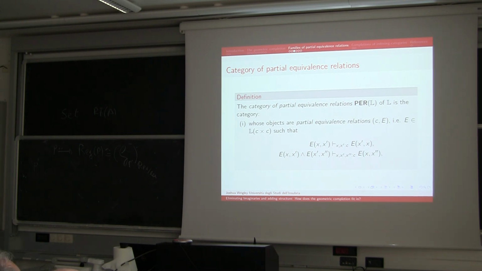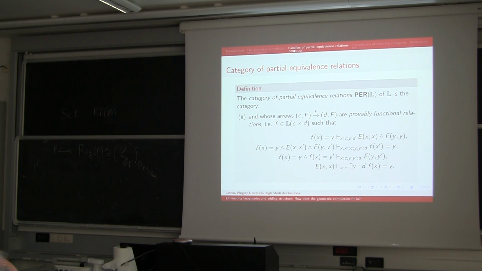So we take our objects to be definable partial equivalence relations in the internal language, and we define our maps between two partial equivalence relations to be those relations which describe provably functional relations between them. So this is all happening in the internal language of the doctrine. But because we're in geometric logic, we can go beyond this.